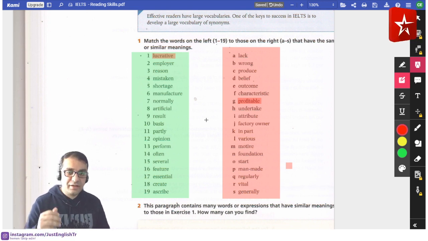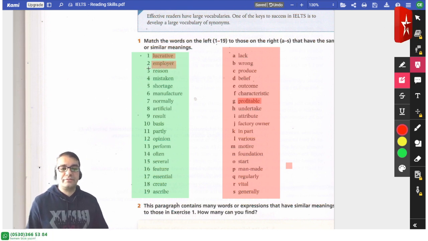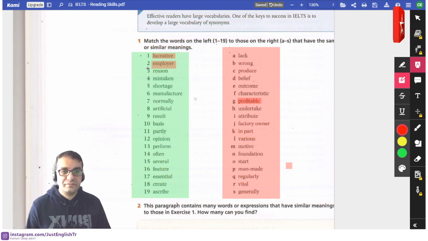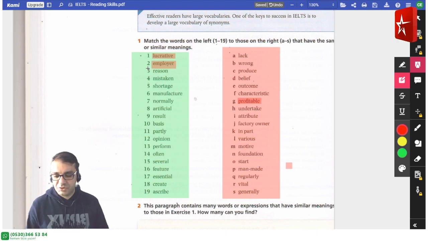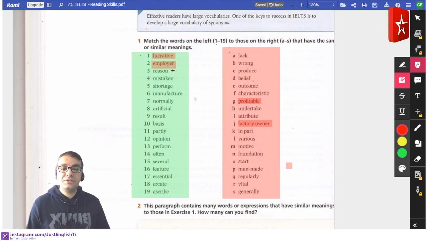Dylan is perfect. Thank you. Now let's go for number two, employer. What do you think about it? Now Metin said 2 is J. Metin said 2 is J. And Erdogan said 2 is J and correct. Okay. Let's go for number 3.